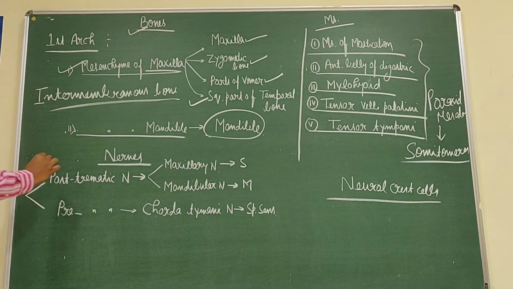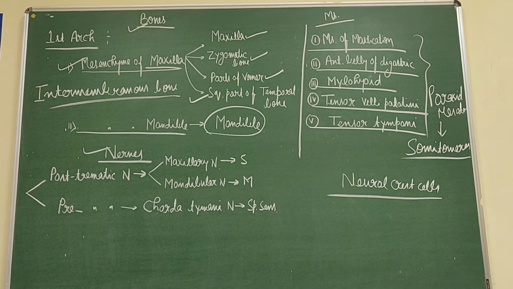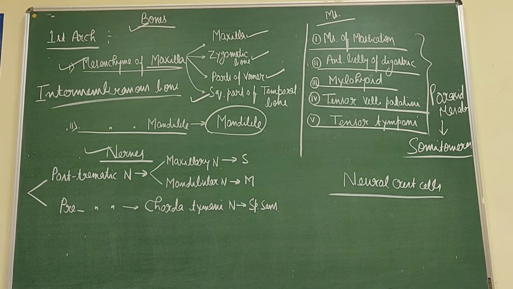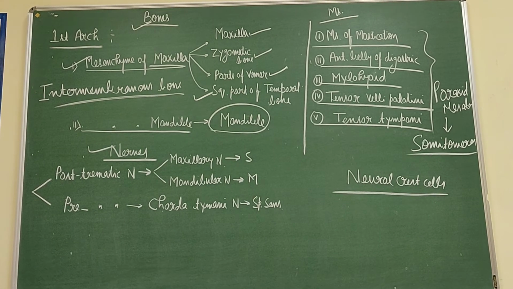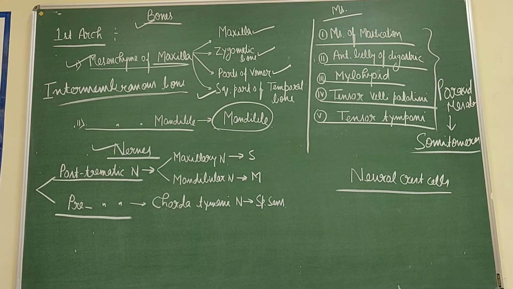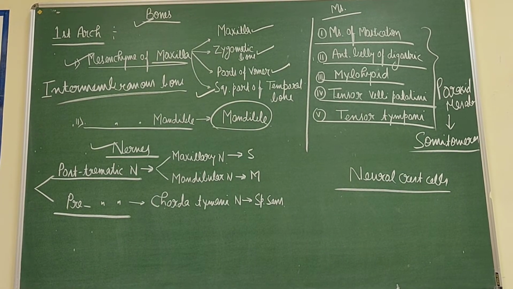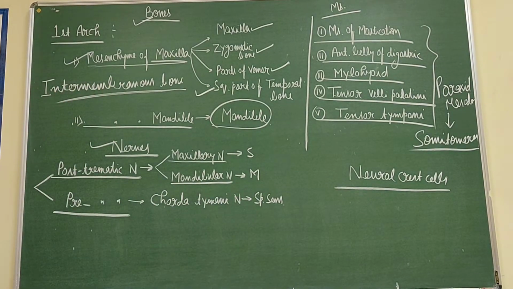Now the nerves. As we discussed earlier, it is the first arch in human beings. It has the post-trematic nerve and the pre-trematic nerve. The post-trematic nerve is the maxillary nerve and the mandibular nerve.